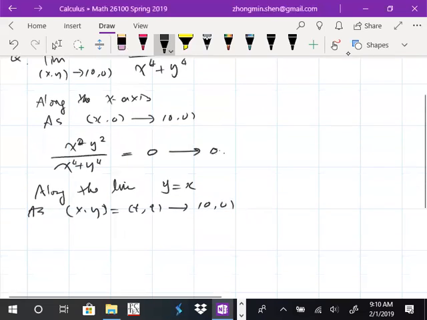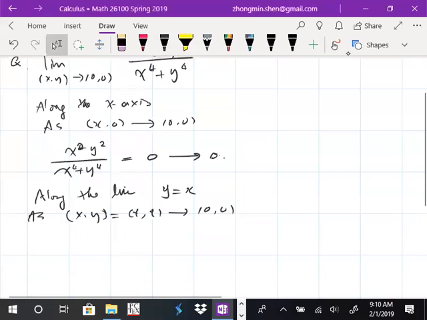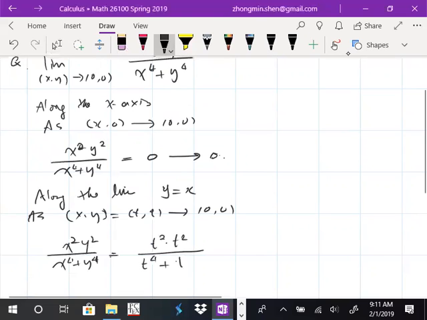The parameter is t. Then the expression is going to be t squared and t squared, t to the 4th power, t to the 4th power. After simplifying, it's going to be 1/2, because it's always equal to 1/2.